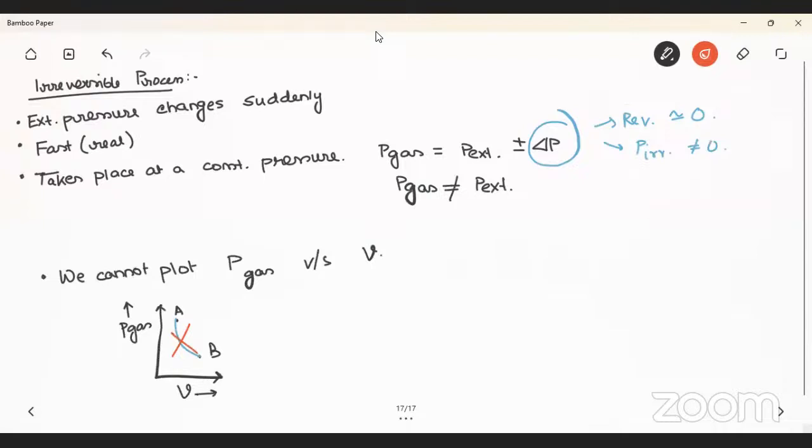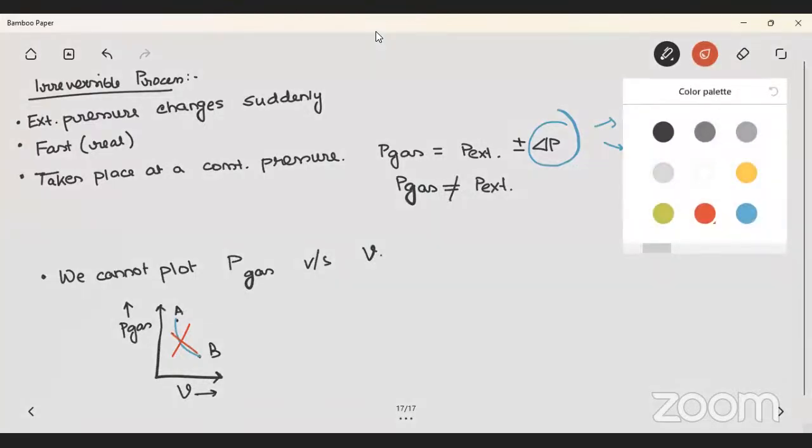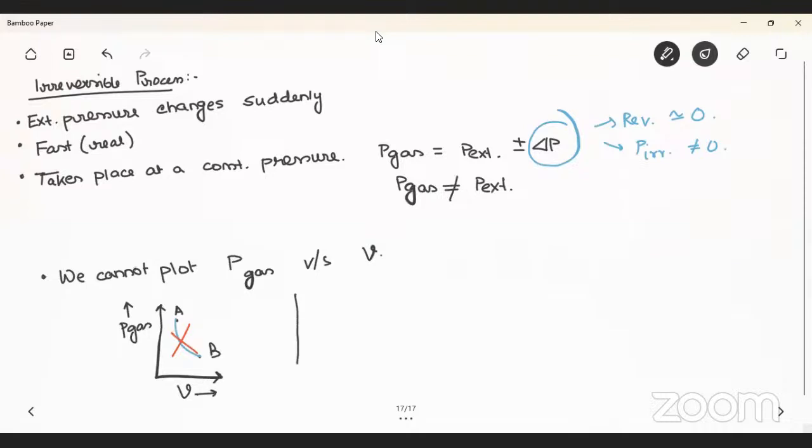So what is the graph? There is no graph. Always remember, for P of gas versus volume, either the curve is for the reversible process or there is no curve for the irreversible process.